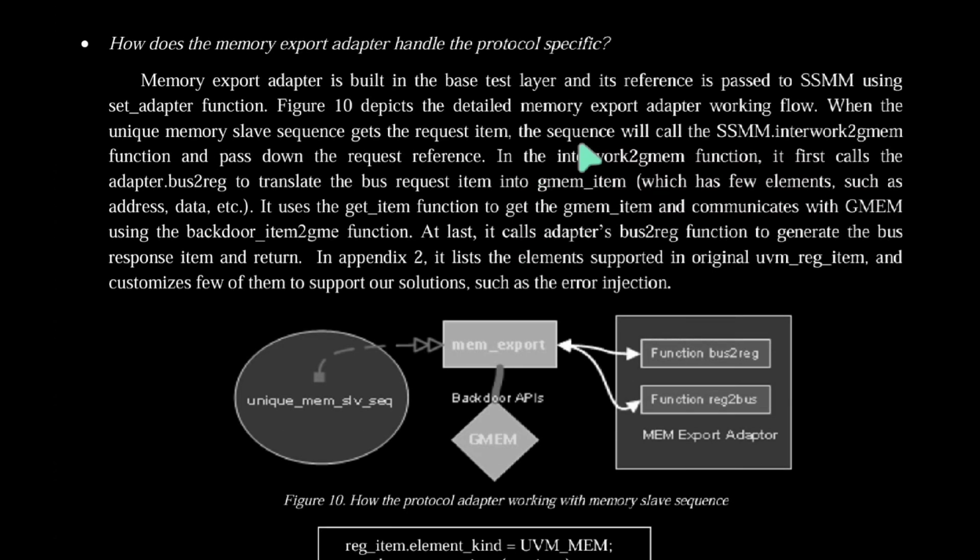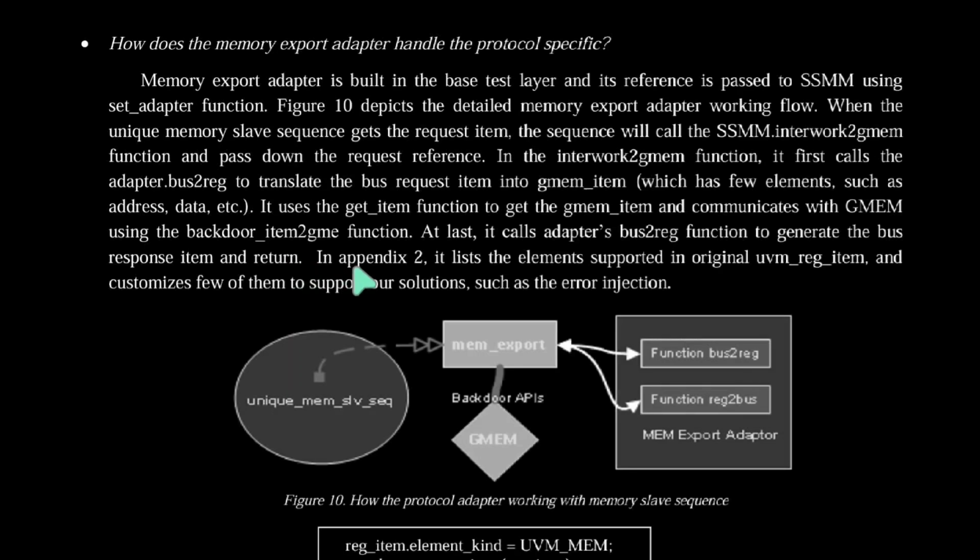In the interwork_to_GMM function, it first calls the adapter's burst_req to translate the burst request items into GMM_items, which have a few elements such as address, data, etc. It uses the get_item function to get the GMM items and communicates with the GMM using the backdoor_item_to_GMEM function. At last, it calls the adapter's burst_reg function to generate the burst response items and return.